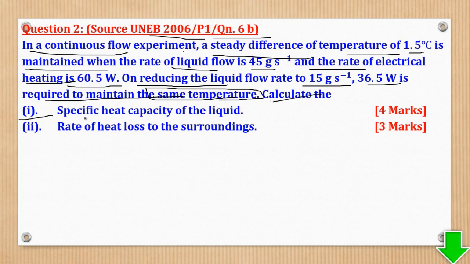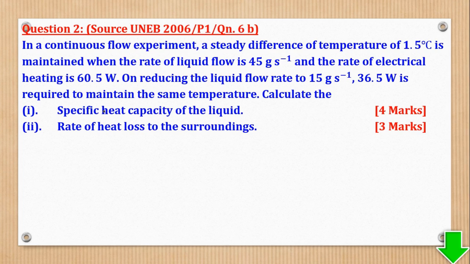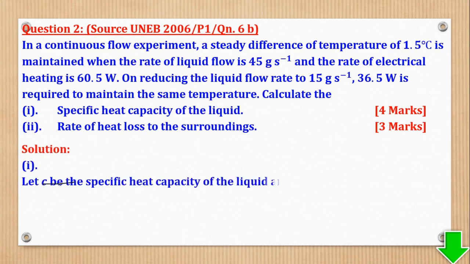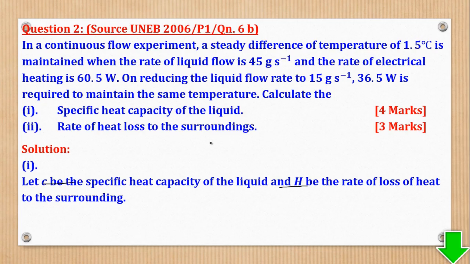Calculate, Roman 1, the specific heat capacity of the liquid, and Roman 2, the rate of heat loss to the surroundings. So just start with Roman 1. Let C be the specific heat capacity of the liquid and H be the rate of heat loss to the surrounding. So initially, that was before reducing the flow rate.